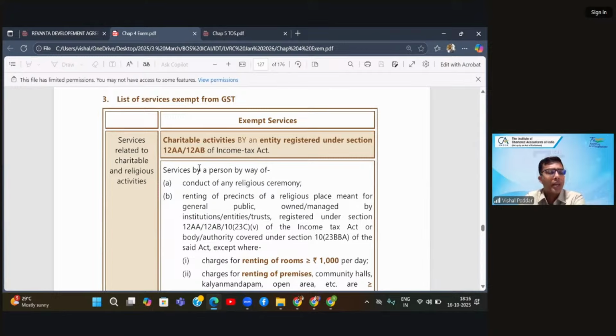But before I go to that, if anybody has any doubts or queries, you may please put them across. First, I'll take up your doubts and queries, and then we'll go to the revision of the exempted services. Yes, students, any questions?